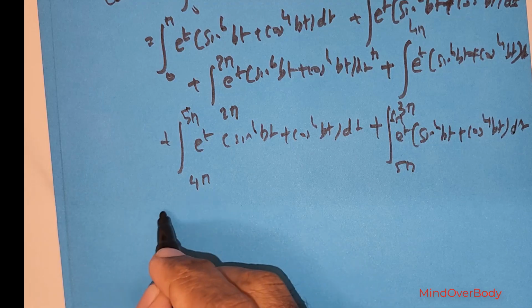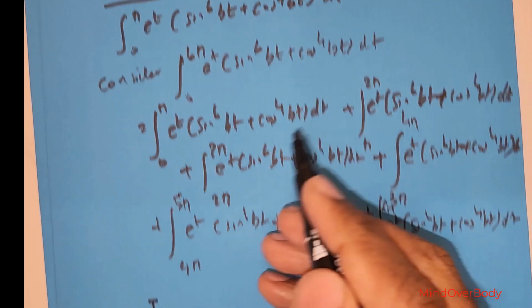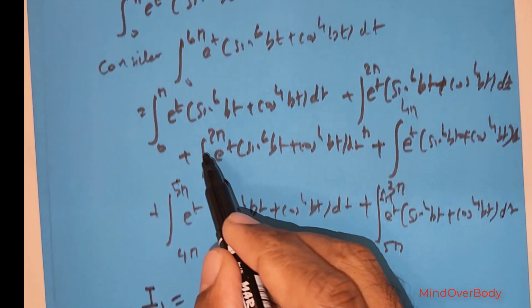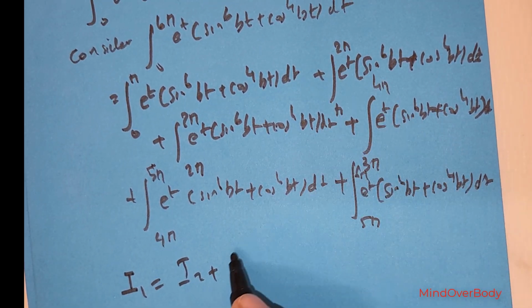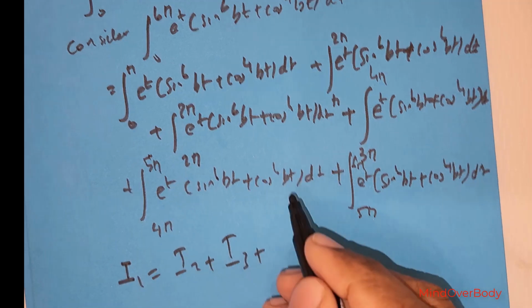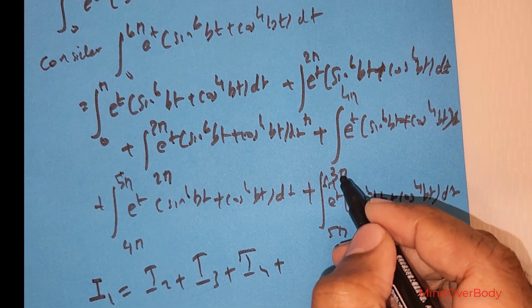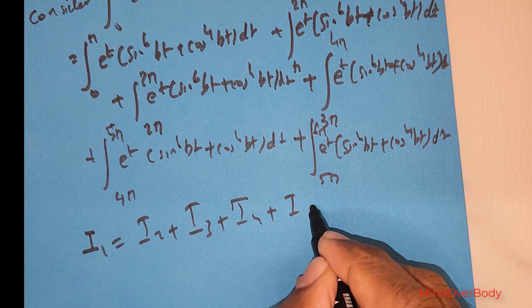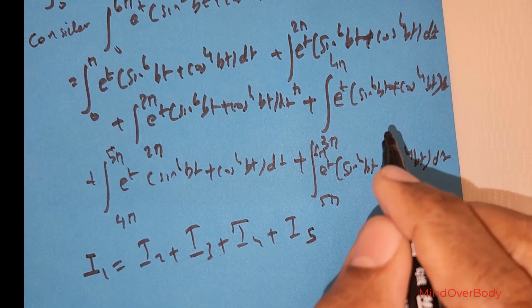Now I would like to write the left-hand side components as follows: 0 to π as I1, π to 2π as I2, 2π to 3π as I3, 3π to 4π as I4, 4π to 5π as I5, 5π to 6π as I6, and I7.